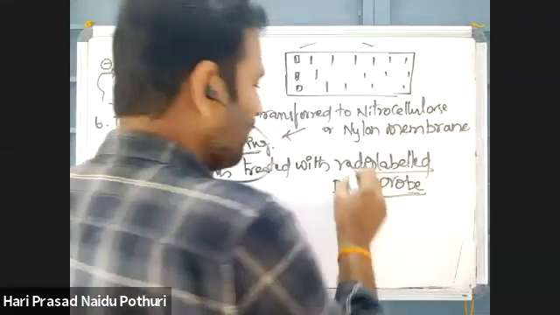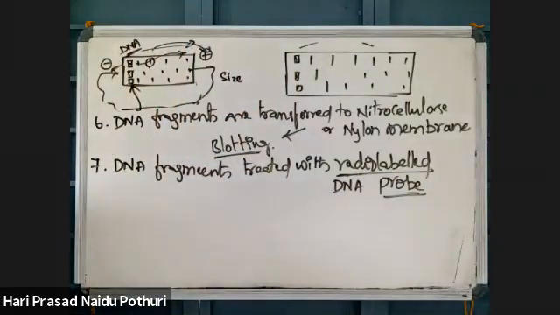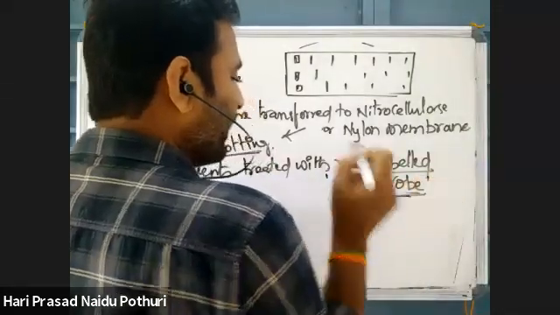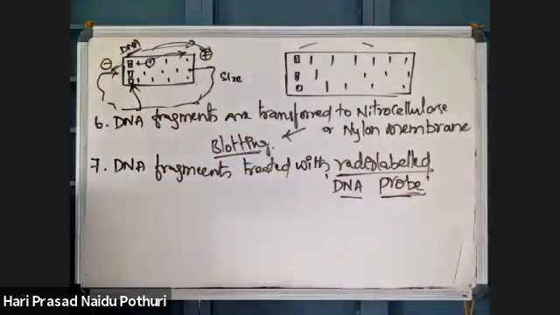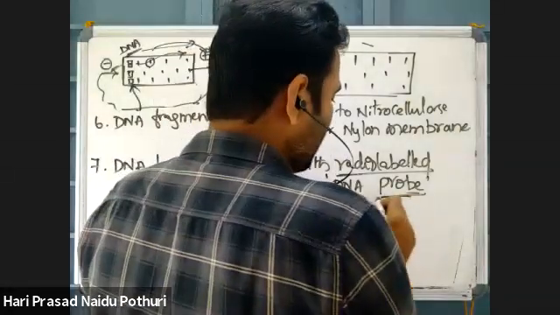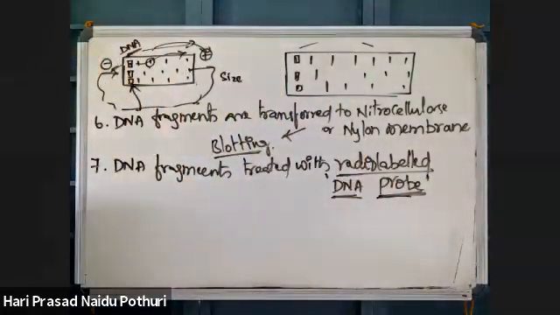Radio-labeled means which have radioactivity, phosphorus 32 like that. Probe means a DNA fragment with a known sequence. This sequence we already know, that known sequence with radioactivity.